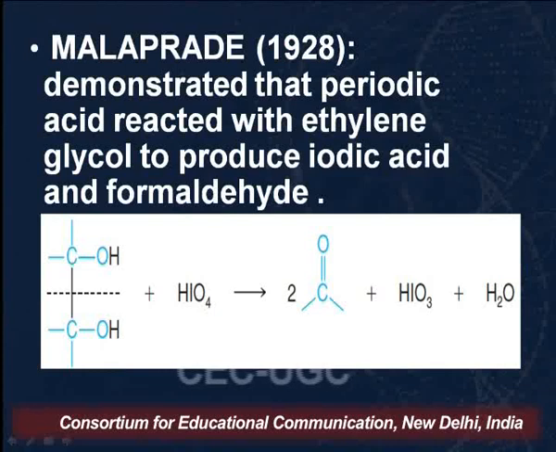and he demonstrated that periodic acid reacts with ethylene glycol to produce iodic acid and formaldehyde. That is, he demonstrated that if we have diols or triols or polyhydric molecules in which OH group is present on adjacent carbon atoms, then oxidative cleavage will take place, as you can see on your screens: the bond between the carbons is cleaved and we get two fragments, and two atoms of hydrogen are removed along with a water molecule, that is, we get iodic acid and water.